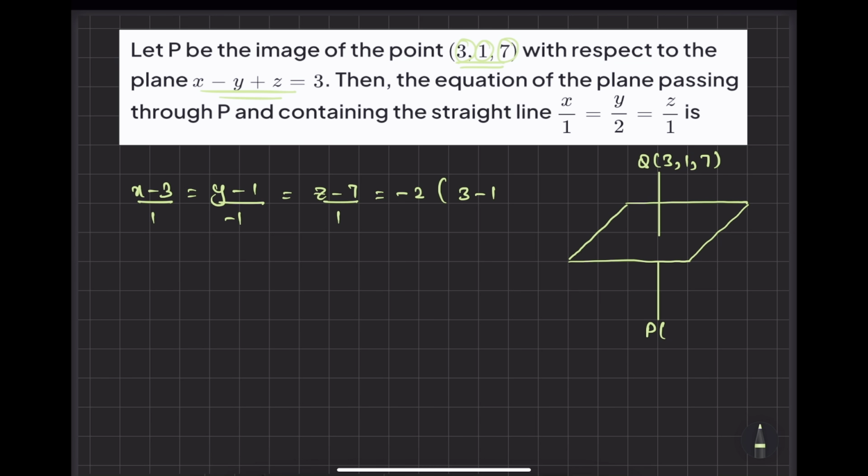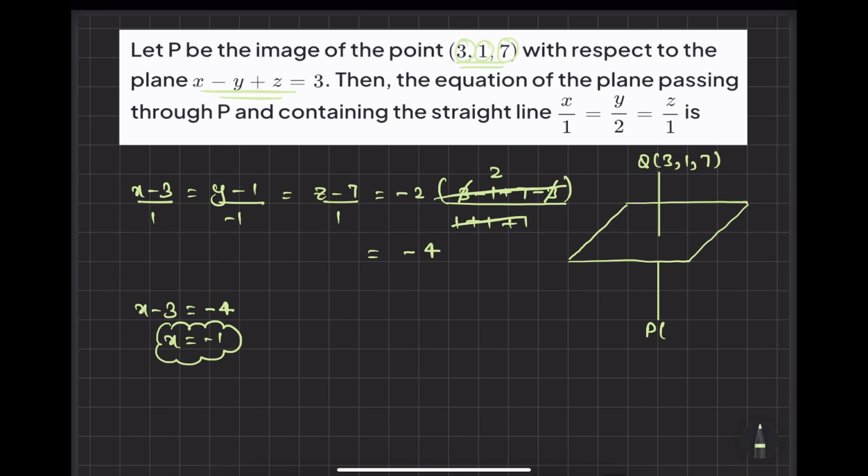So (3 minus 1 plus 7 minus 3) upon a squared plus b squared plus c squared. So a, b, c are all 1. Now you know that you have to do manipulation over the right hand side only. It is 6, below is 3, so it is minus 4. Now let's find x. x minus 3 equals minus 4, so the value of x will become minus 1, correct?